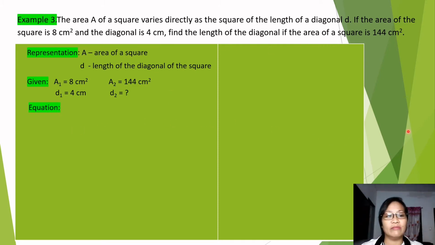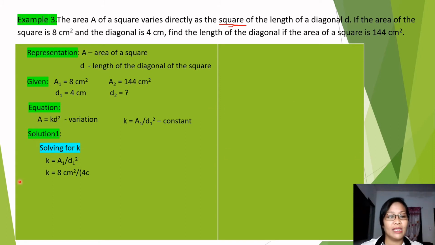Equation for our variation, A is equal to KD squared. For our constant, K is equal to A sub 1 all over D sub 1 squared. Solution, in solving for K, we have K is equal to A sub 1 all over D sub 1 squared. Then substitute the given. A1 is 8 centimeters squared all over D sub 1, which is 4 centimeters, and then squared. Don't forget the squared because that is very important. So first, we need to square the bottom, which is 4 centimeters squared.